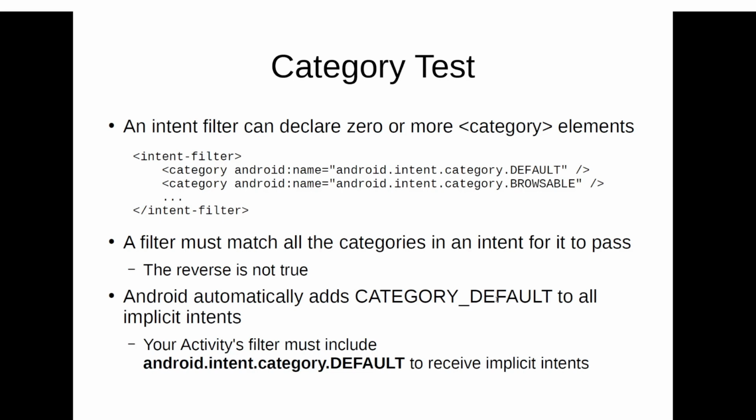When creating an implicit intent, Android automatically adds the default category. As such, an intent filter must declare the default category in order to receive implicit intents.